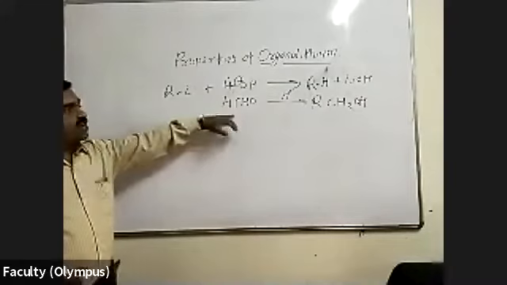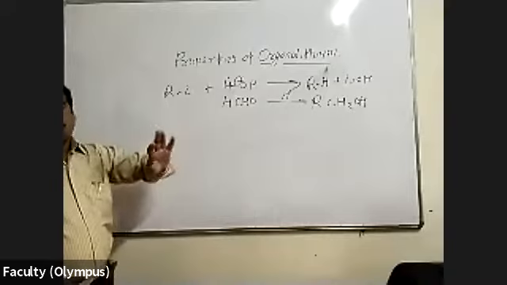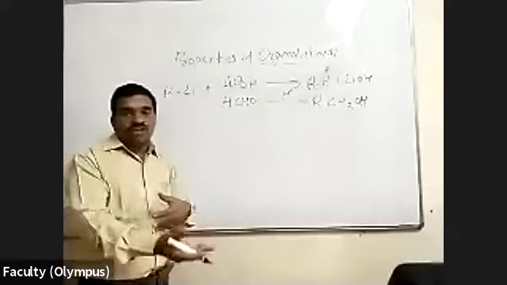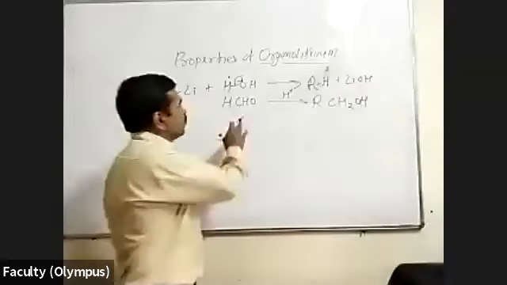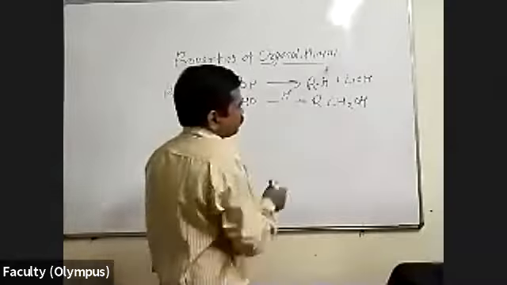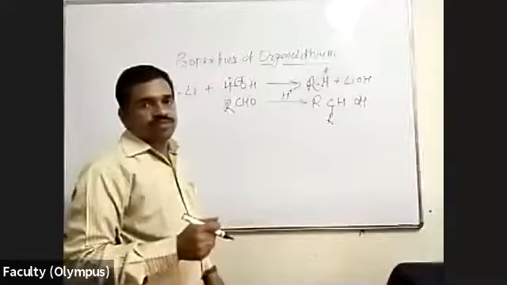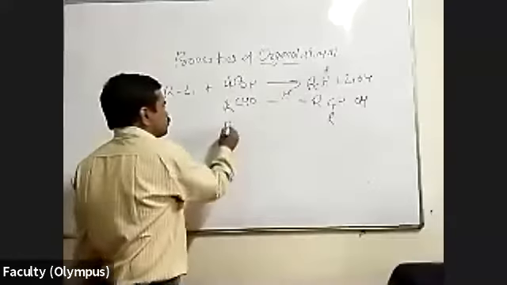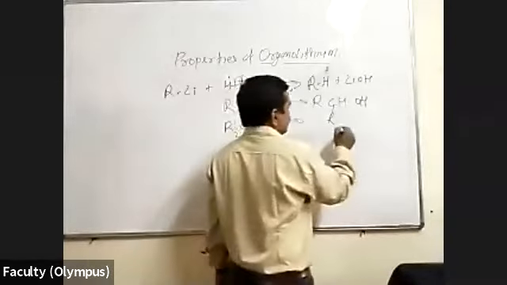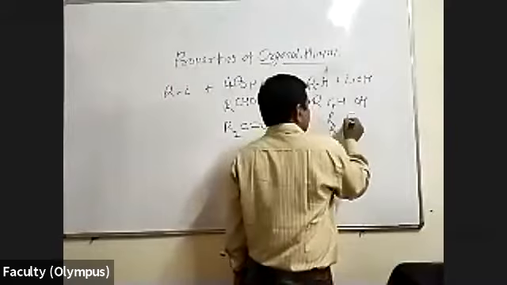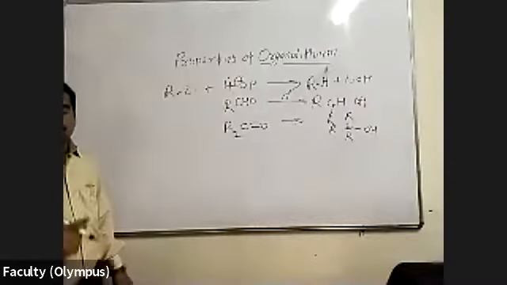When it reacts with formaldehyde, we get a primary alcohol. When it reacts with other aldehydes, other than formaldehyde, we get a secondary alcohol. If in place of this H there is R, then we get this type of secondary alcohol. When it reacts with a ketone, we get a tertiary alcohol.